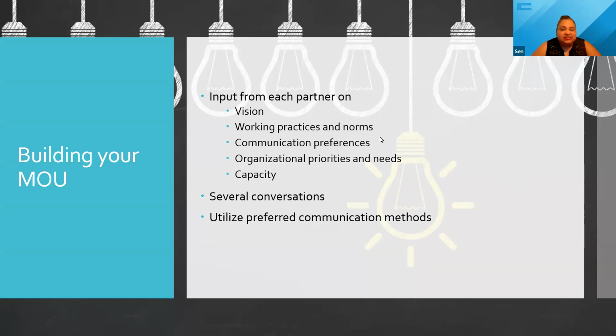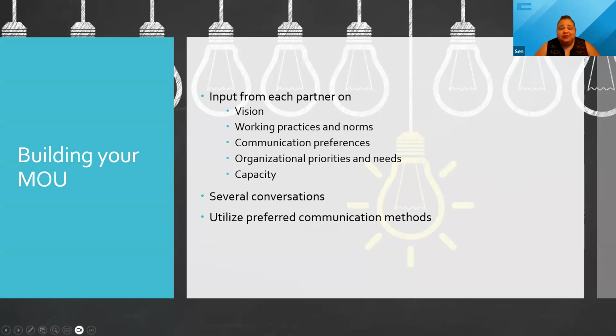What types of activities does each partner and organization have the capacity for? And of course, this is not an exhaustive list. You're going to find that there are other pieces of content and topics of conversation that are important for your partnership as you build your agreements with each other.